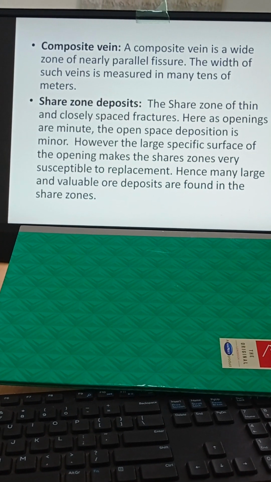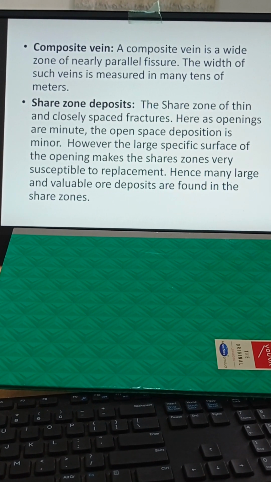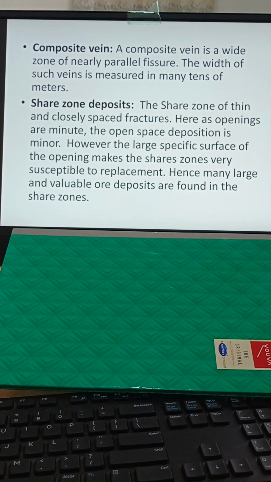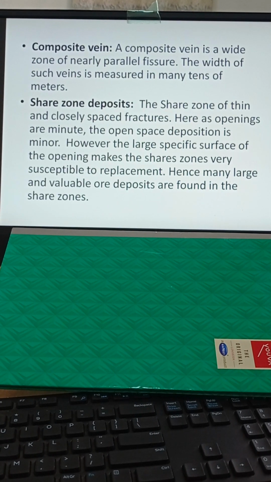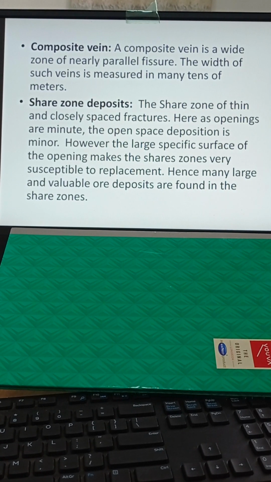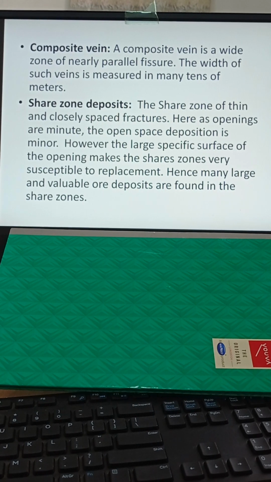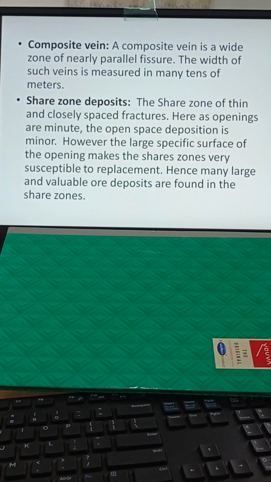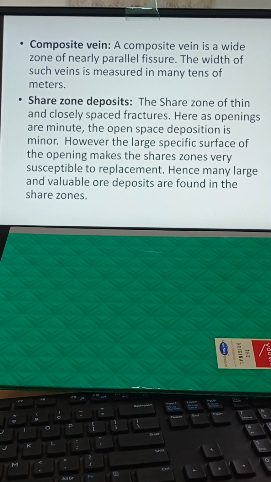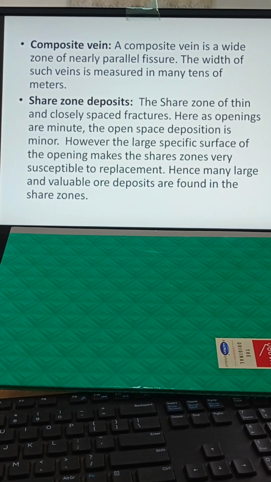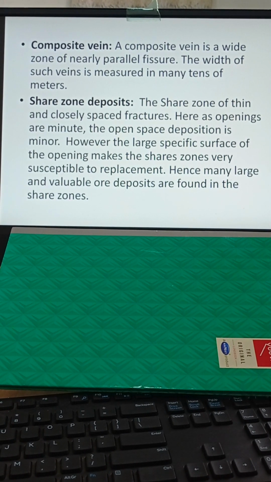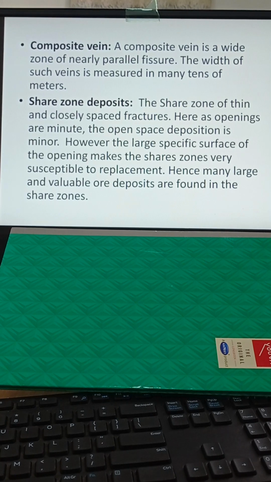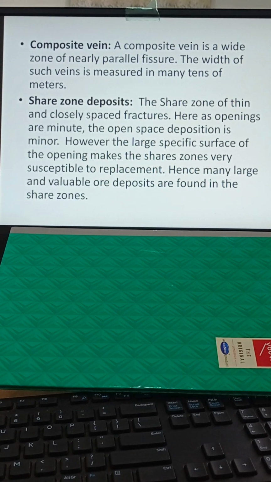Composite veins. A composite vein is a wide zone of nearly parallel fissures. The width of such a vein is measured in many tens of meters. Shear zone deposits consist of thin and closely spaced fractures.